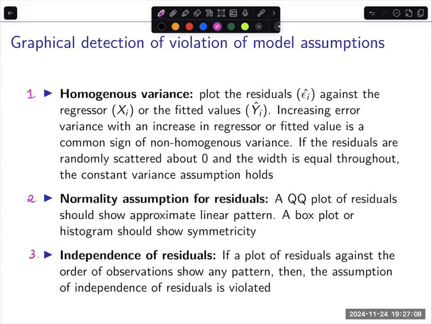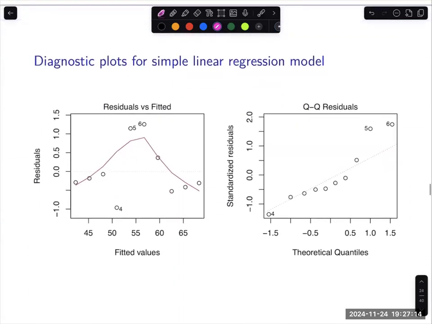If they form a line, that means the data may follow a normal distribution. So the first plot, again, plots the residual against the fitted value, and we use it to check the independent identical assumption and the common variance assumption.